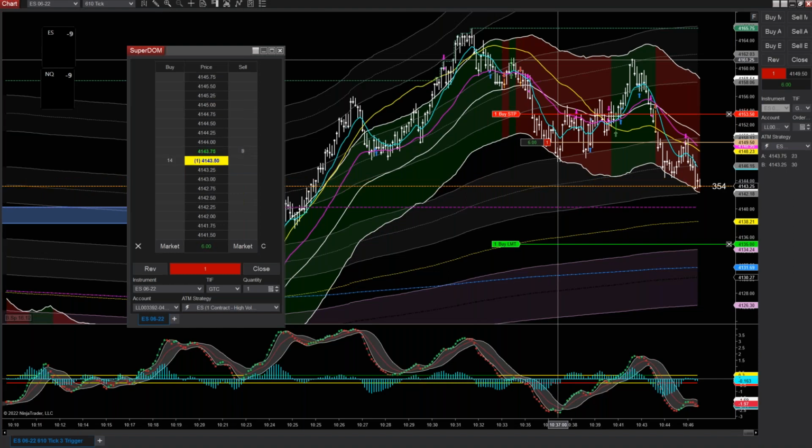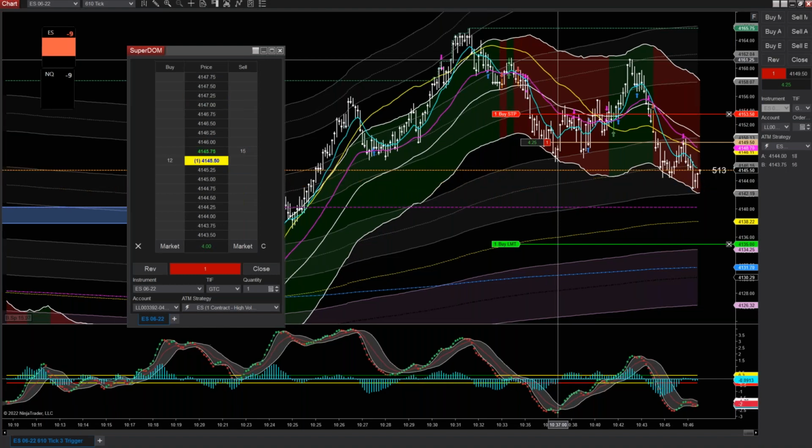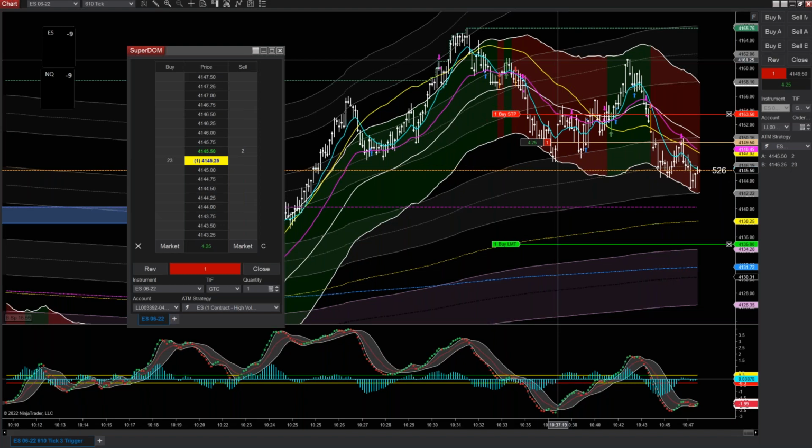Are we hearing the tick strike on the ES? Yeah, on the ES and the NQ. On the bottom, you can see there's NQ in the bottom there. Then it's NQ now.